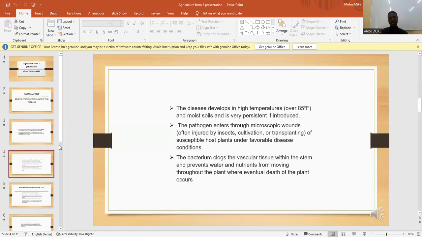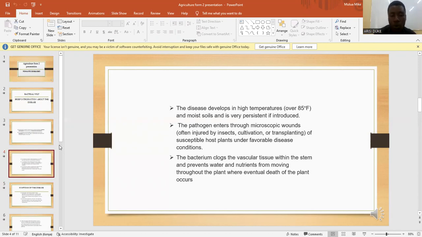So we find that bacterial wilt affects the vascular tissue. From our knowledge of biology, we know that this includes the phloem and the xylem tissue. If you tamper with the phloem and the xylem tissue, you will affect the transportation system within the plant, that is the transportation of water and manufactured food from the leaves to all parts of the plant, maybe from the roots to the branches.